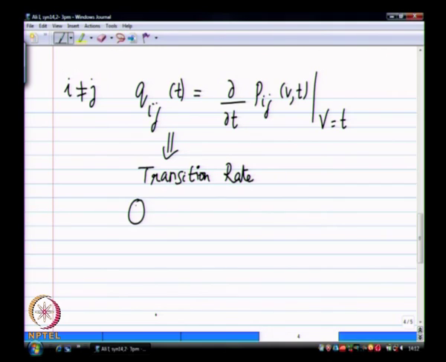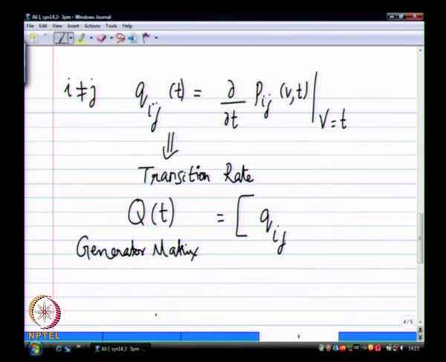Then we will define at time t, right, this qt, which is for i equals j there is a slightly different definition, but I will not go much into that.